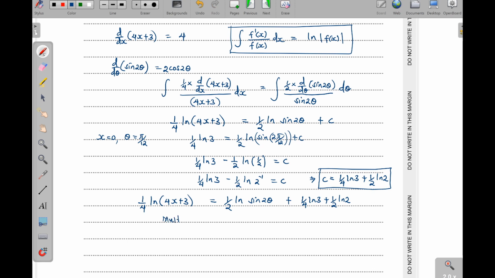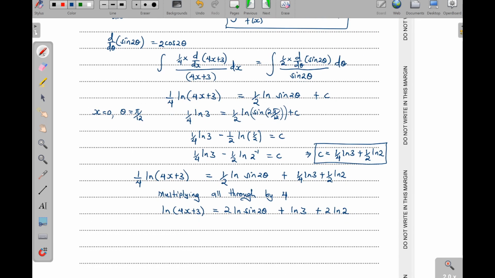I can begin by multiplying all through by 4. So here I'll have natural log of 4x plus 3. Then here I will have a 2, then natural log of sine of 2 theta. Then here I will have natural log of 3. And here I will have 2 natural log of 2. You see that?